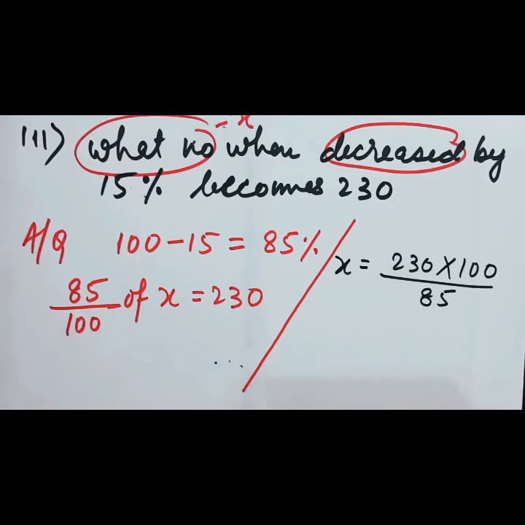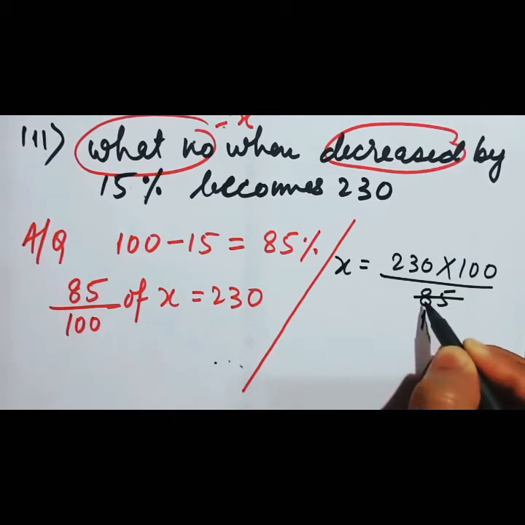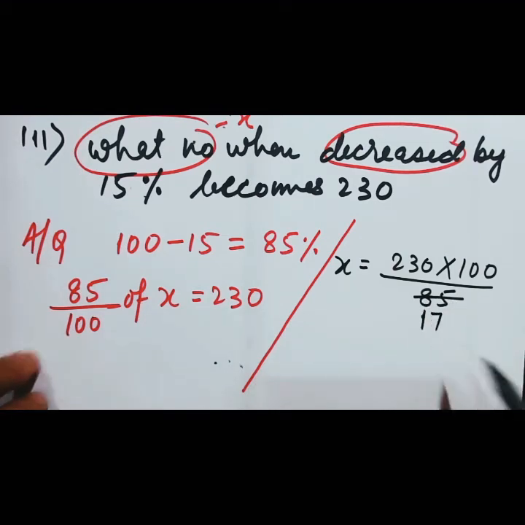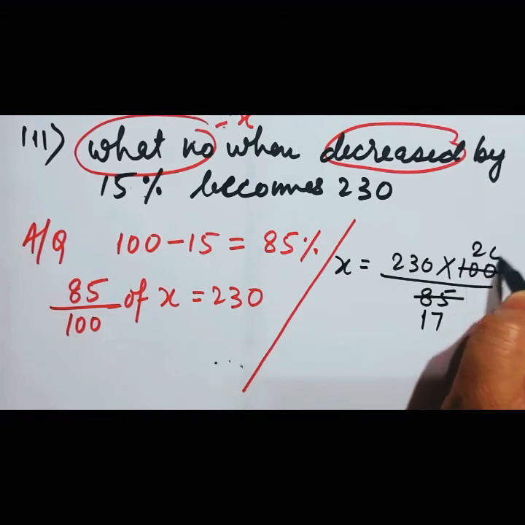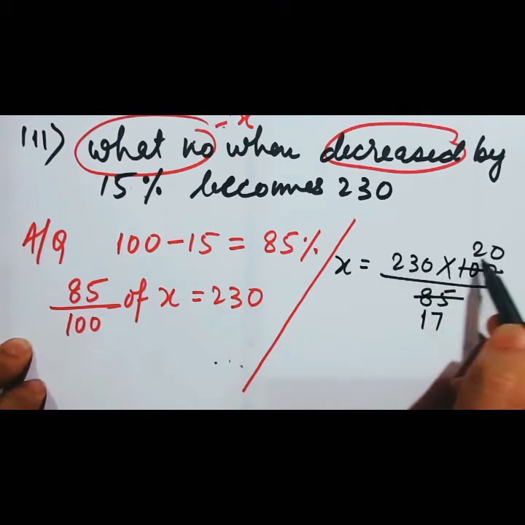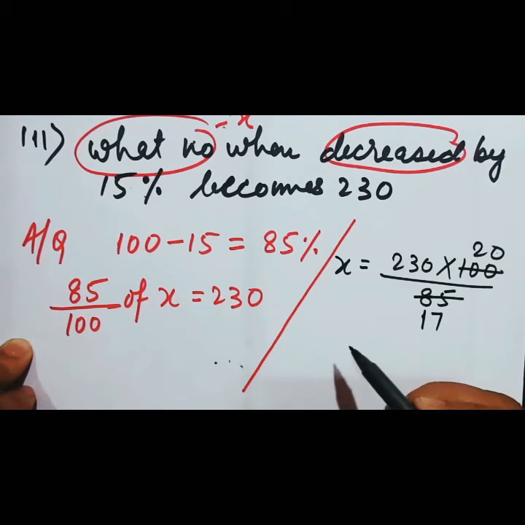Any problem? No issues at all. Okay, so let's do some cancellation work. Okay, here we have how much? Let's find the value. 5, how many times? 5, 1 times, 5, 7 times. Am I right? I hope so. 5, 2 times 10. So we have 230 into 20 by 17.